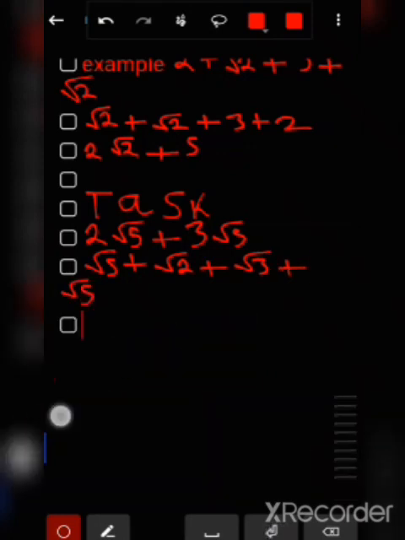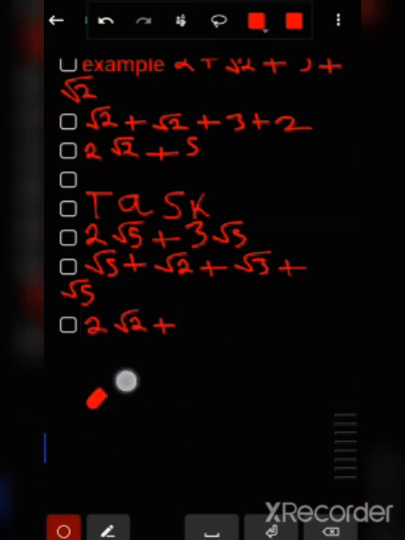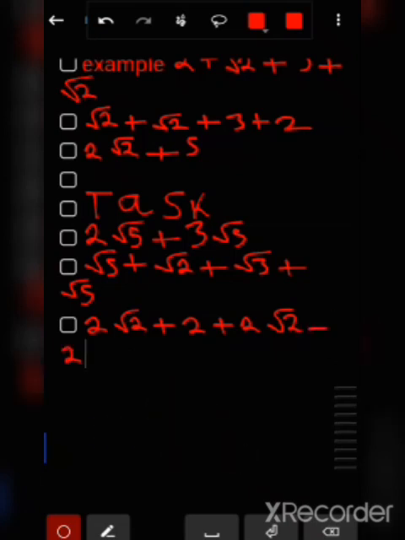Add this: 2 root 2 plus 2 plus 2 root 2 minus 2. So just answer these questions.